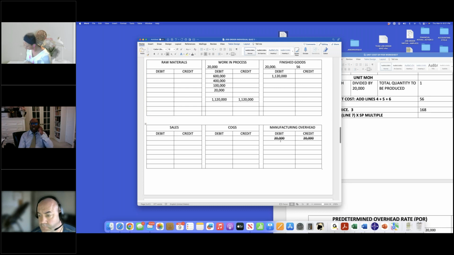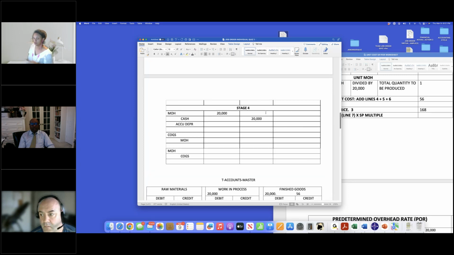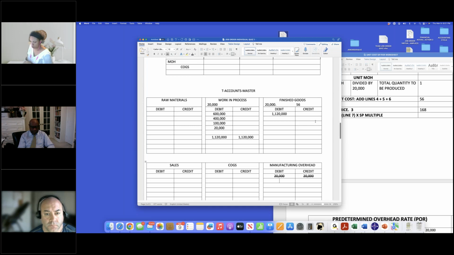So there's no over or under overhead. We said our cost of goods sold was 840. How much do we have left in finished goods at this point?